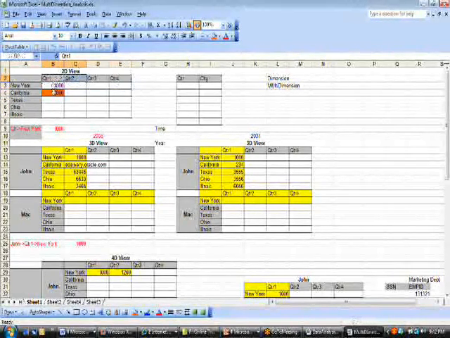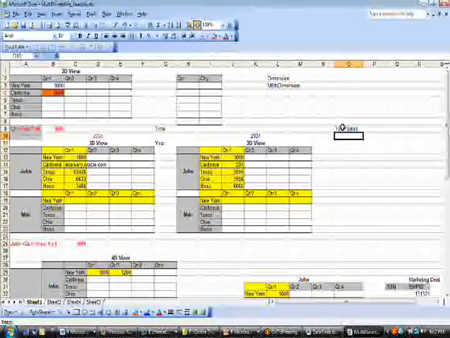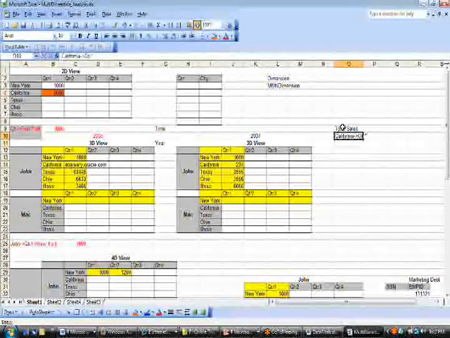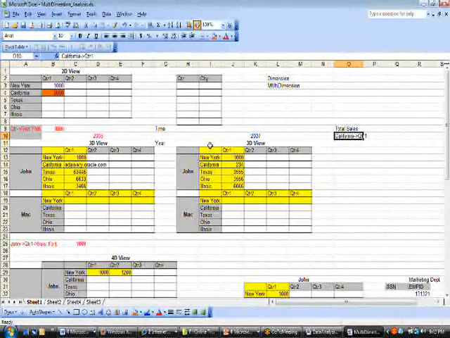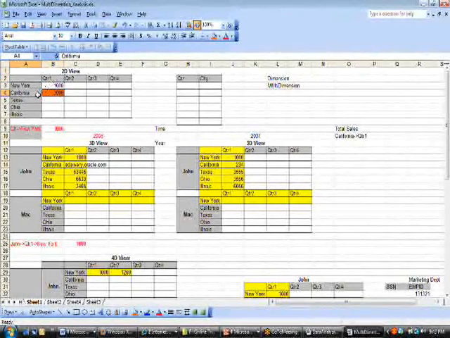So this point says the total sales made for California in quarter 1. Suppose I have a shop in which I am supplying products to multiple cities for the entire year. So when I see this data, it shows the total sales in quarter 1 in California.